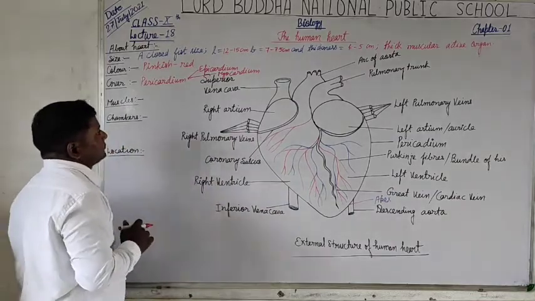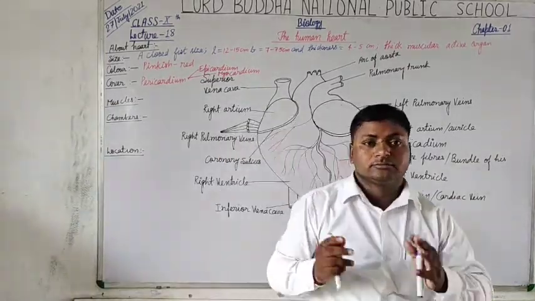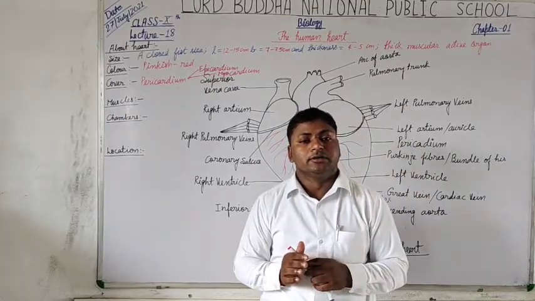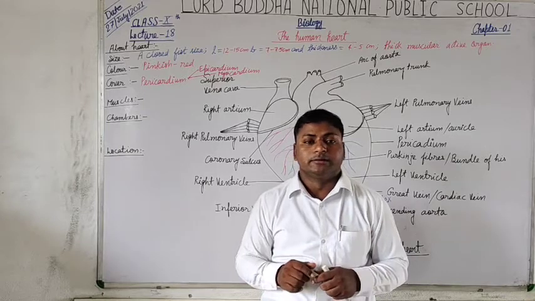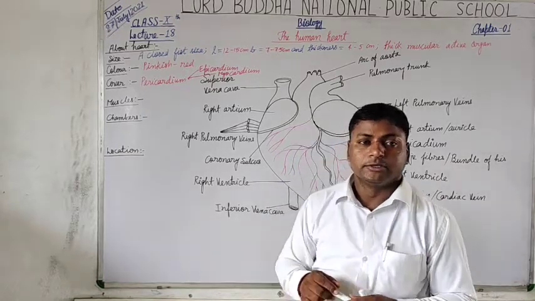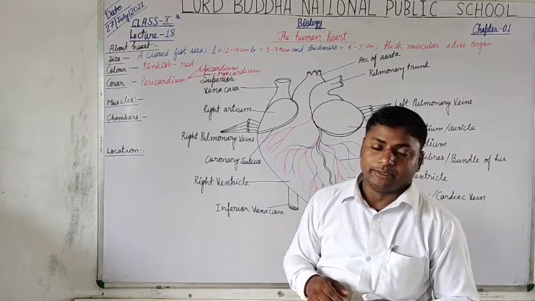Is that clear? Thus, the space present between both membranes is called pericardial space or pericardial cavity.